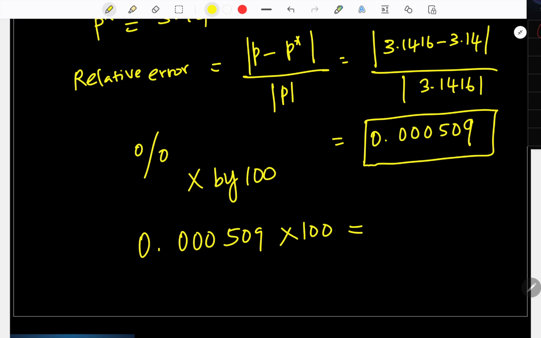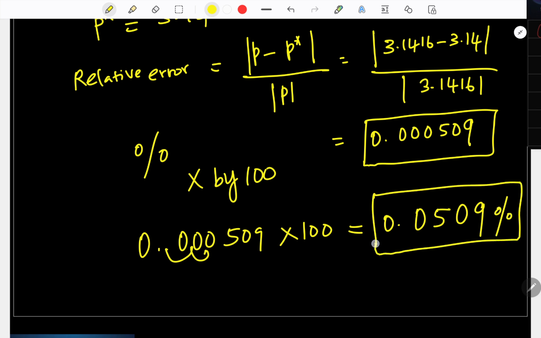You can put it in the calculator, no problem. So I'm moving 2 decimals. That gives 0.0509 percent. Can I give it like this, teacher? Yes, but somewhat it's not correct. Always they talk about relative error in percentage. So please try to give percentage.